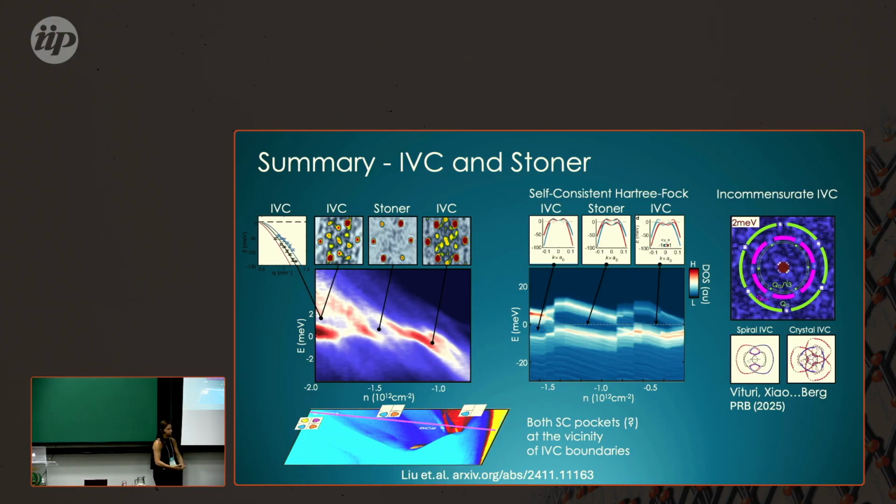So it seems that the phases are extended to a lower displacement field, which allowed us actually to see this cascade of phase transitions in the range of displacement field that we applied.